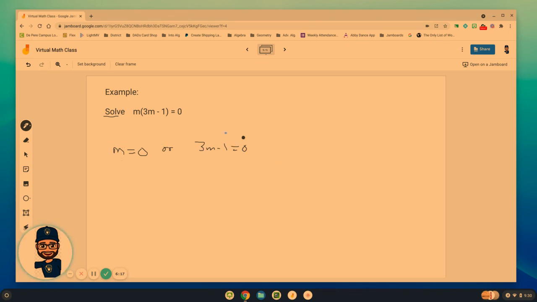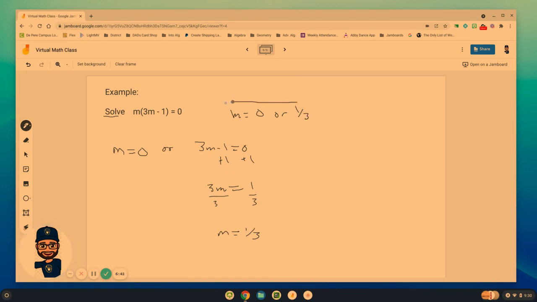Now we've got to go through the algebra in solving this one. Add 1, and 3m equals 1. And then I want to divide by 3 to show that m equals 1/3.